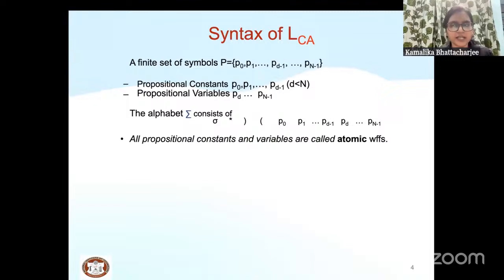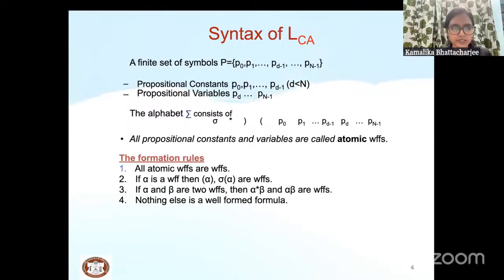We start with the atomic well-formed formulas as all propositional constants and variables. Then we define the formation rules: all atomic well-formed formulas are well-formed formulas. If alpha is a well-formed formula, we take bracket alpha and sigma alpha as the other two well-formed formulas. And if alpha and beta are two well-formed formulas, then alpha star beta and alpha beta are well-formed formulas. These are all that can be included in the formation rules.